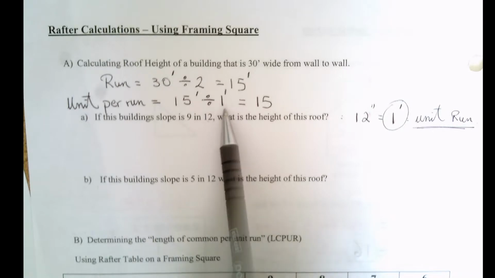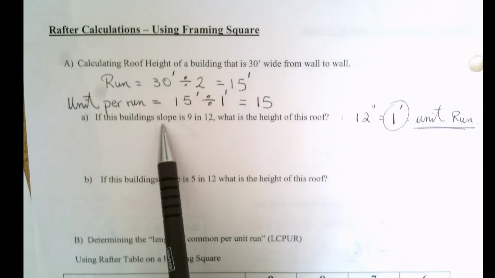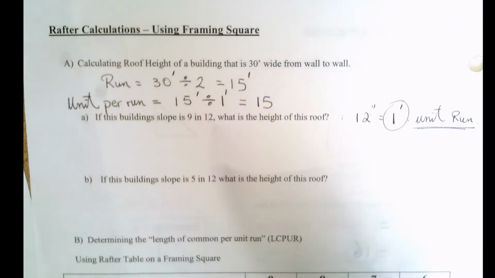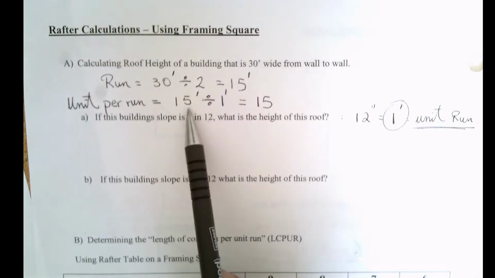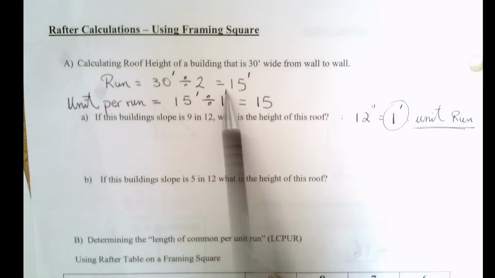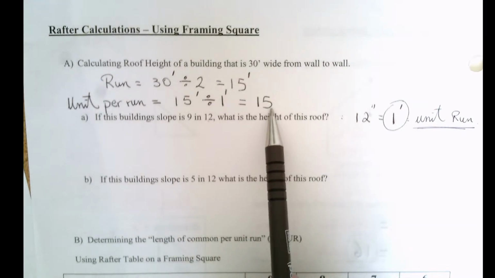Because the building slope is 9 to 12, and 12 inches is 1 foot, 15 feet divided by 1 foot is 15. That gives you the unit per run.